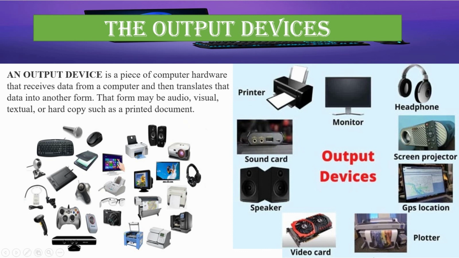We have plotters, we have GPS locations which we use to have information of our locations or anything we wanted to know, and we have a screen projector that displays the information on any wall or anywhere where the screen has been projected. And we have so many types of output devices.